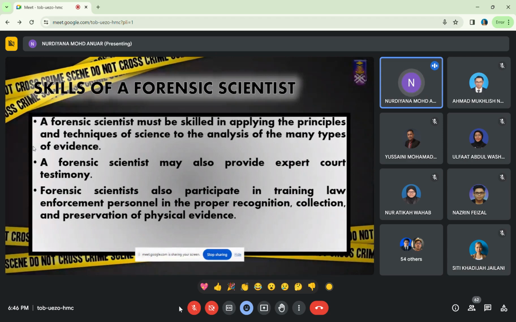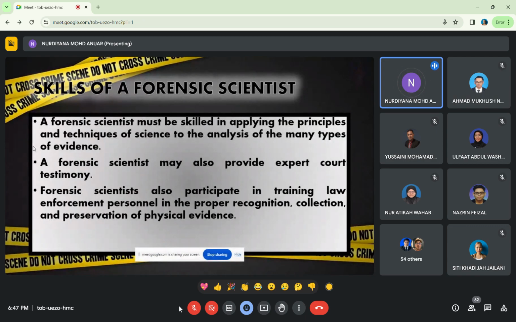So forensic scientists also will help to train law enforcement personnel, sebab tak semua law enforcement personnel have gone through the training. So basically diorang ni mostly will follow whatever their seniors do. Contoh baru rekrut masuk jadi polis, so yang dah lama tu akan ajar, okay, this is apa yang kita kena buat.